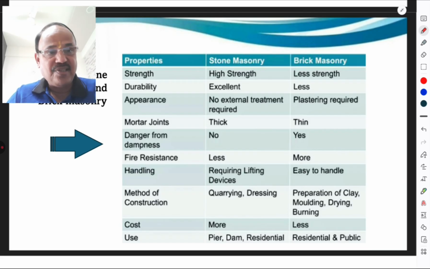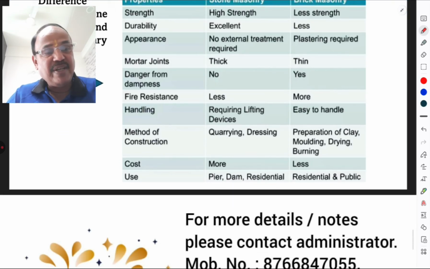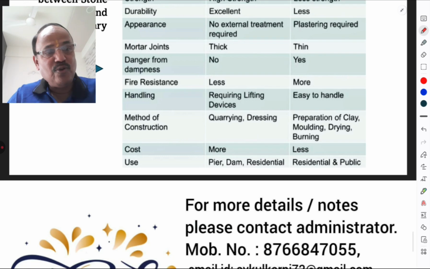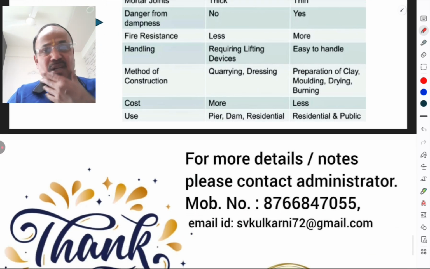Then method of construction: quarrying and dressing are required for the stone masonry, but preparation of clay, molding, drying and burning is required for the brick masonry. Cost of stone masonry is comparatively high and for brick masonry is comparatively less. Stone masonry is used for pier, dam, residential building, but brick masonry is used for residential and public building.